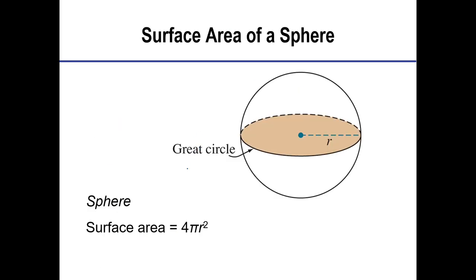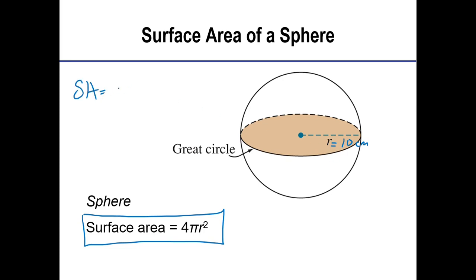The surface area of a sphere is given by 4 pi r squared. To calculate the surface area, all we need is the radius. So let's suppose the radius in our example is 10 centimeters. We'll calculate the surface area using the formula, and that gives us 4 pi, and since our radius is 10, we'll plug in a 10 and then square it.